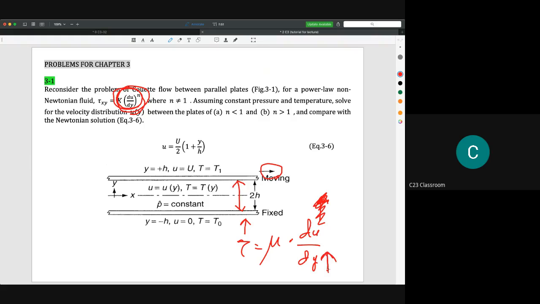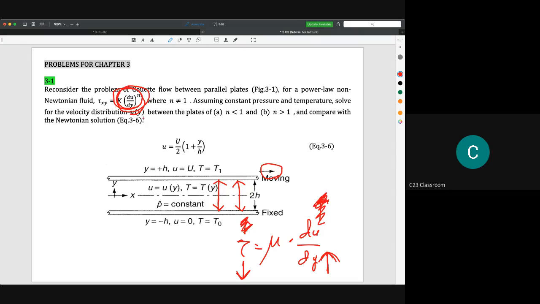The shear stress will reduce. I hope you understand that one. That's why if the gap here between this fixed and moving plate is very, very large, the effect of shear stress might not be so obvious.